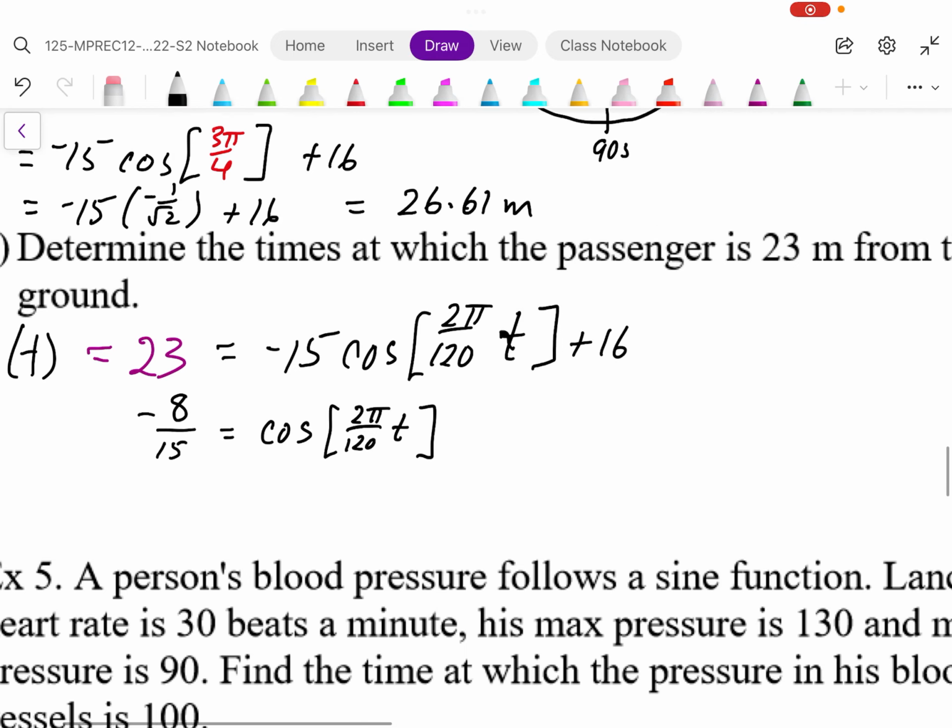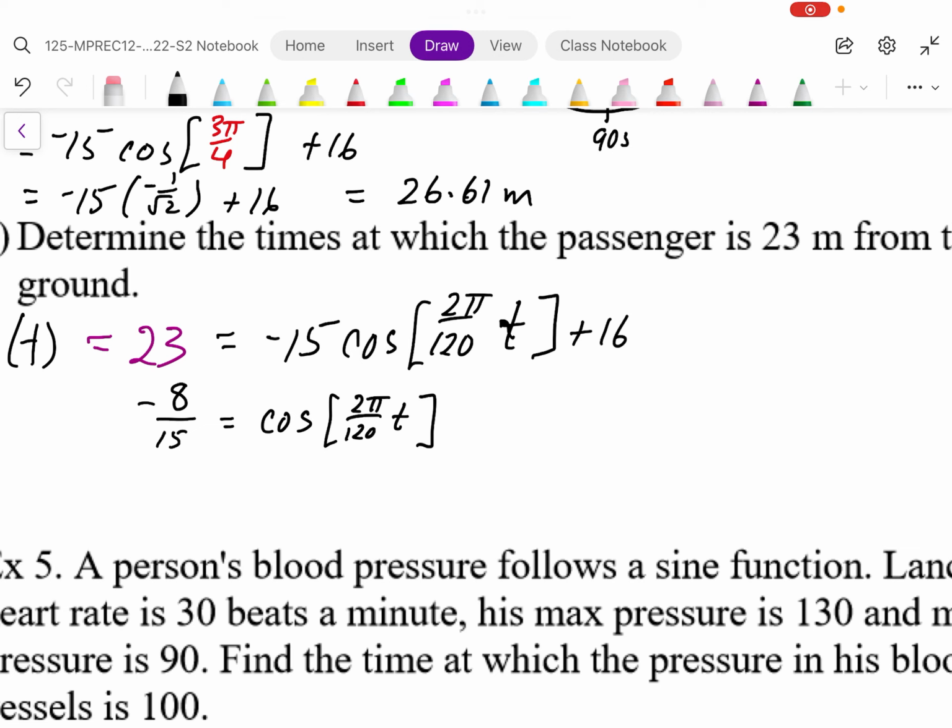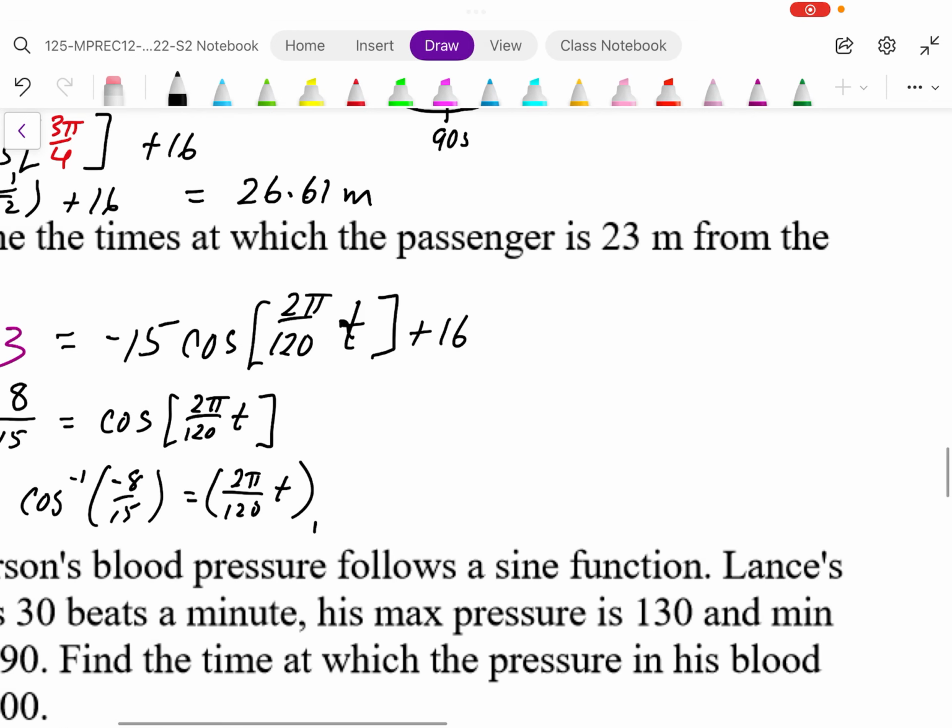I need to solve for the angle, so I'm going to use the arc cosine. And that's going to give me the angle 2 pi over 120t, and that's going to be theta 1. Okay, so I'm going to do theta 1 in a different color here.